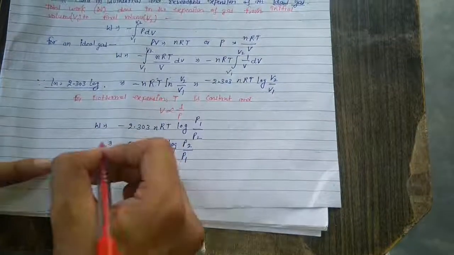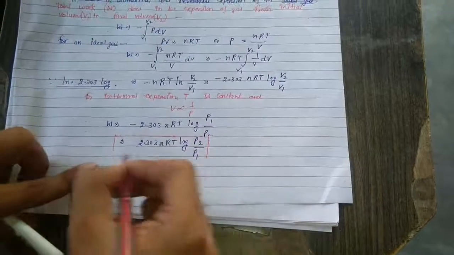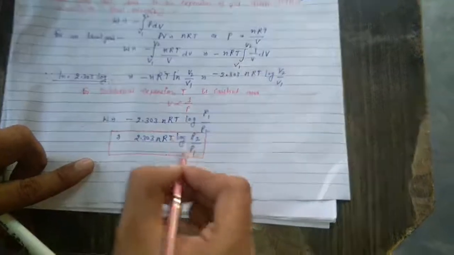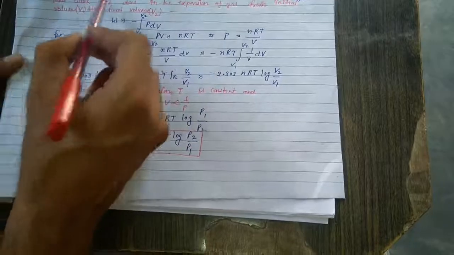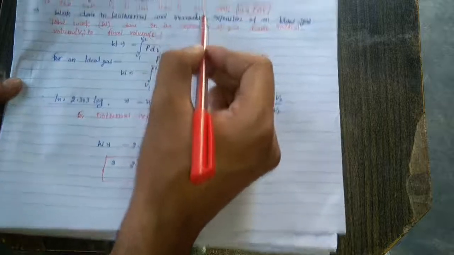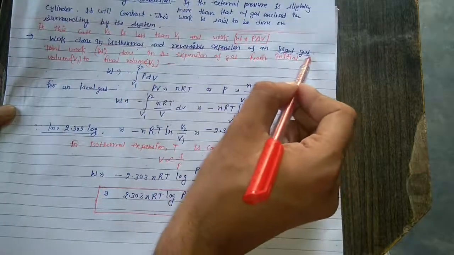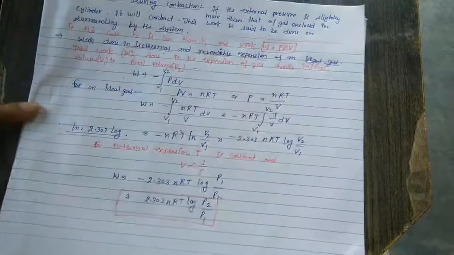So this is the final equation of the work done in isothermal and reversible expansion of an ideal gas.